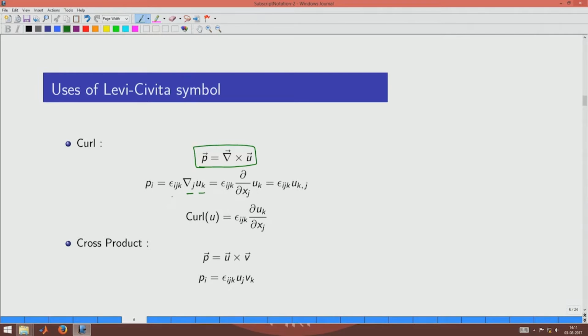We write the subscripts for epsilon in such a way that the second one corresponds to that of the nabla or del operator, and the third index corresponds to the vector. So, I would illustrate it like this: epsilon i, j, k, and then you have got del j and then u k. It is very important to get this right.